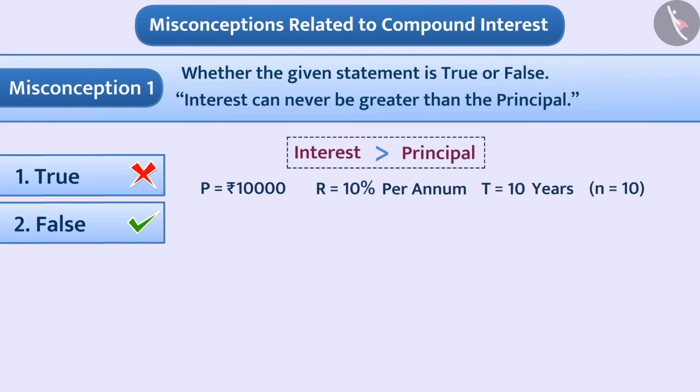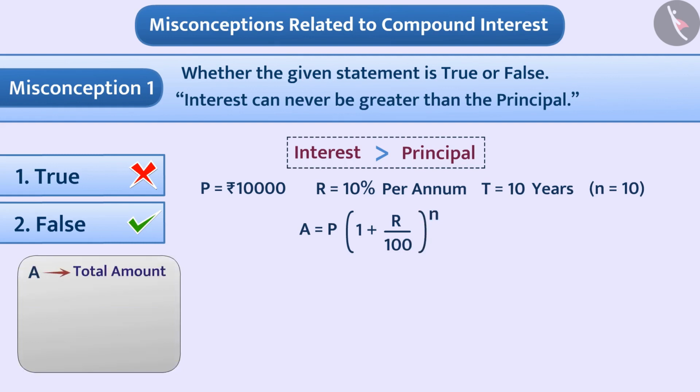We know that A is equal to P multiplied by bracket 1 plus R by 100 bracket raised to the power N, where variable A is the total amount, P is principal, R is rate of interest and N represents time period.